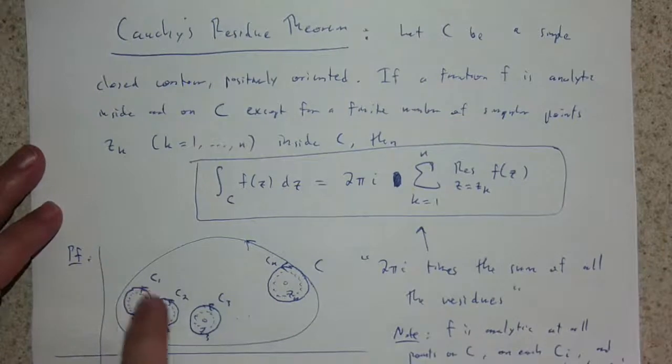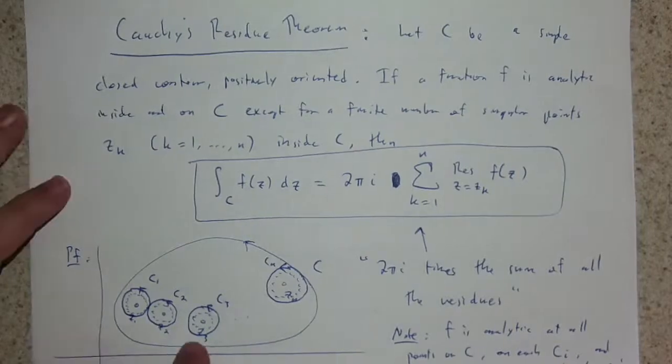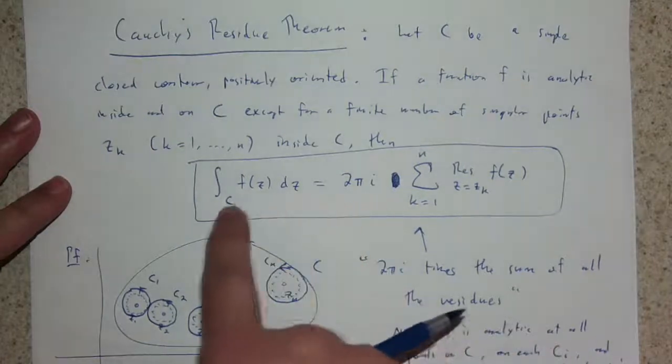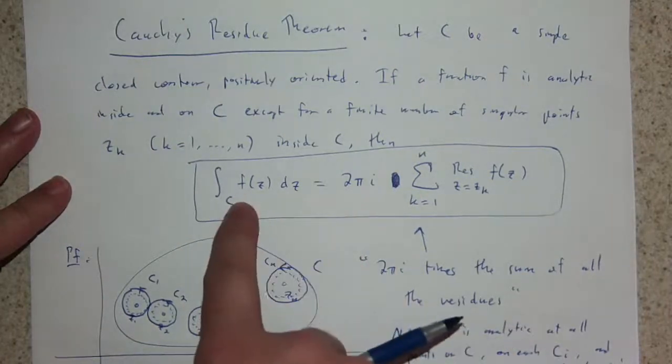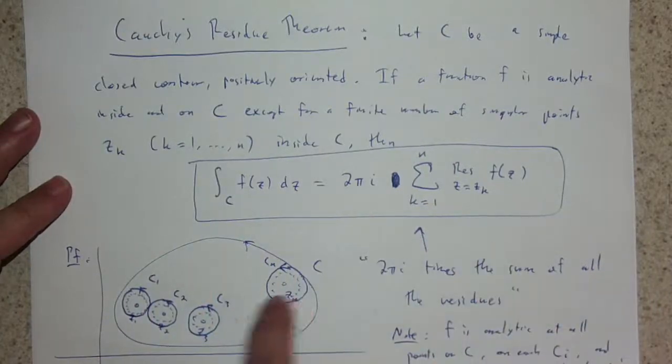Okay, and if we have curves here that we can think of as these circles isolating those singular points, well, actually I can compute this contour integral of f over this outer curve as 2 pi i times the sum of the residues at these points.